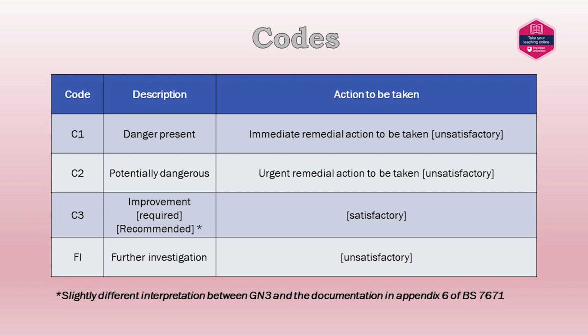4 codes are listed, 3 of which results in an unsatisfactory report. C1 is danger present and immediate action to be taken. C2 is potentially dangerous and urgent action to be taken. You could argue that there's not much difference between immediate and urgent.